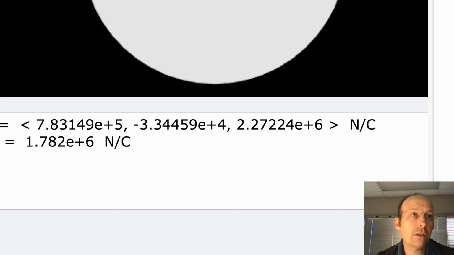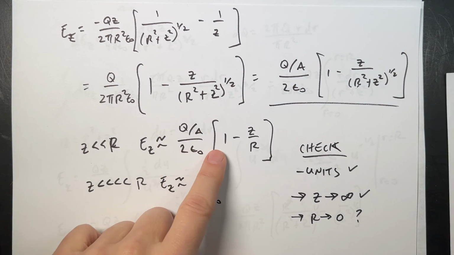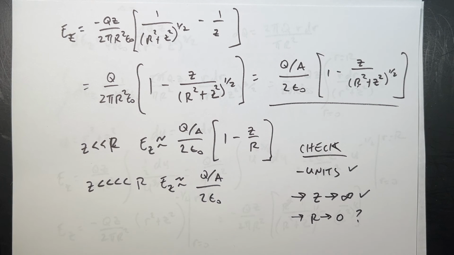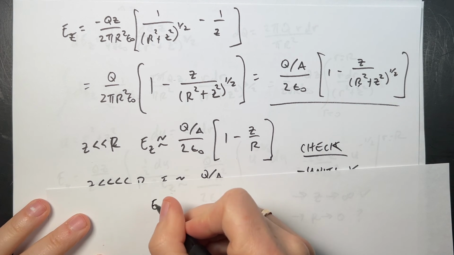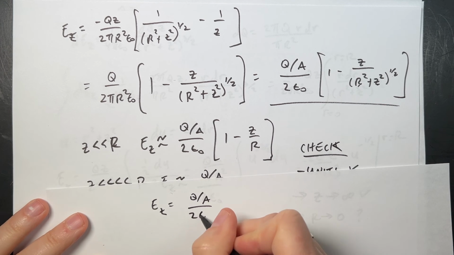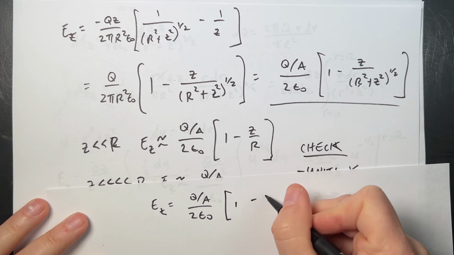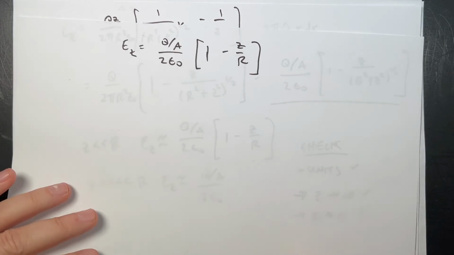So let's go back to the overhead and look at this. So let's use this expression for the electric field. And imagine that I have two plates. So I'm going to say E_z is Q over A over 2 epsilon naught, 1 minus z over R, is the electric field due to one plate.